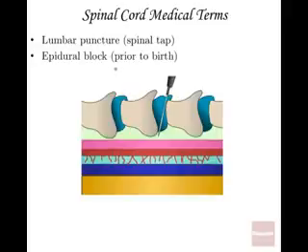Epidural block. This is done for numerous reasons, but one of the most common is if a woman's going through labor and doesn't want to feel the pain of childbirth as much. So an epidural block is the opposite of the spinal tap, because they're actually injecting some anesthesia, some medication that's going to reduce the pain. Wherever they inject that pain medication, you're going to be numbing the nerves that branch off from just that portion.